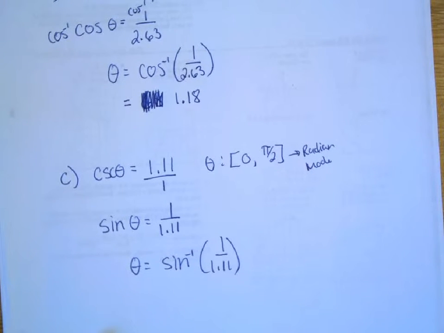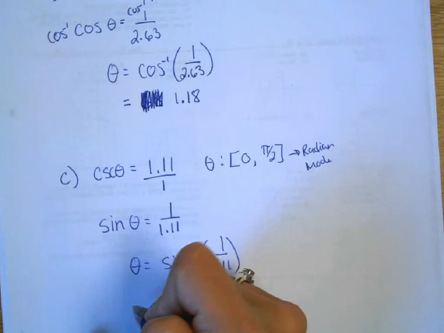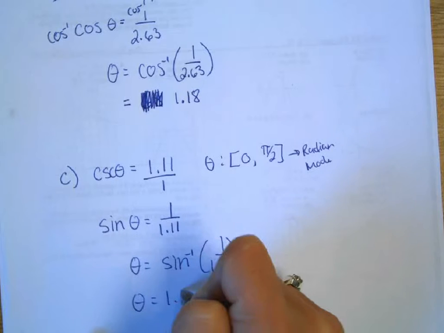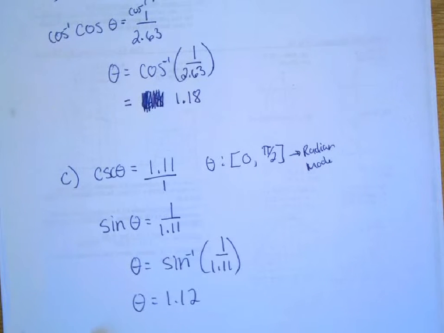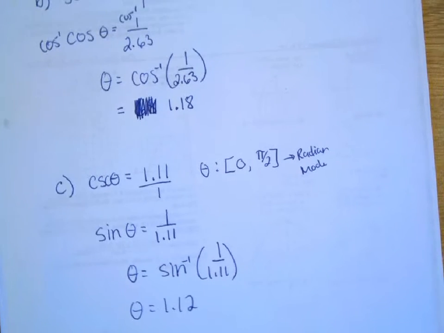Is there an inverse cosecant you can just put on the calculator? I think the 89 calculators actually have those buttons. 1.12 radians. Okay, our last set of problems.